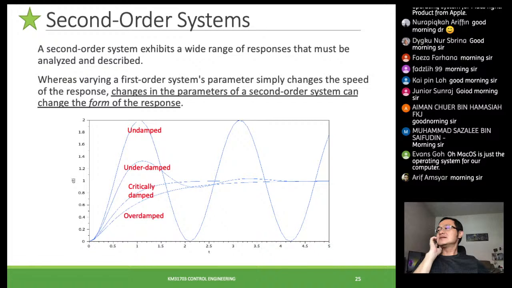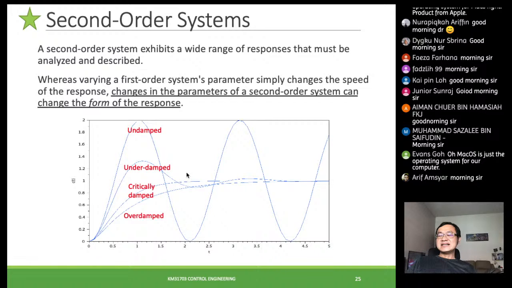There is an undamped characteristic. It doesn't damp out. It always keeps oscillating without slowing down, meaning no damping, so an undamped system. The second one is an underdamped system. It still oscillates, but slowly goes towards a final or steady state value, right?